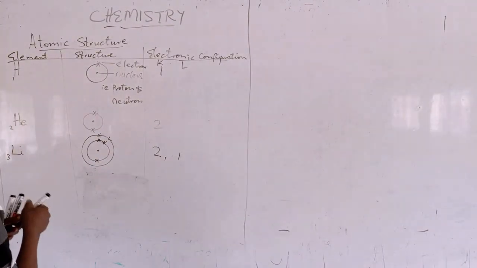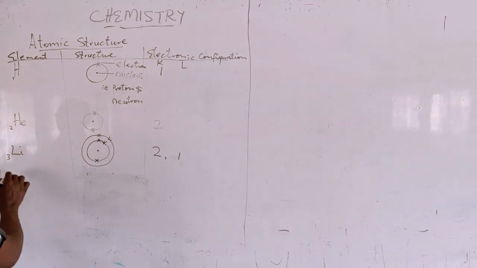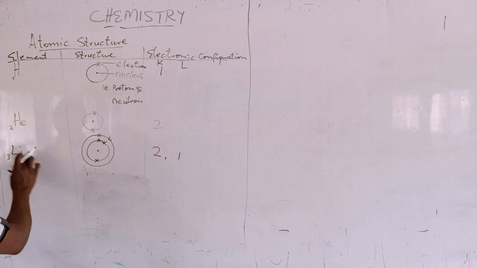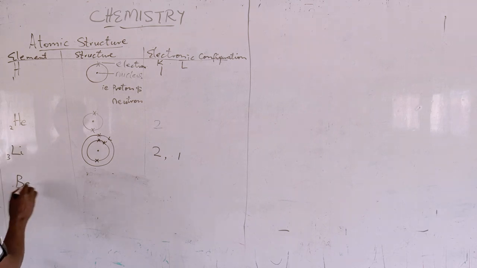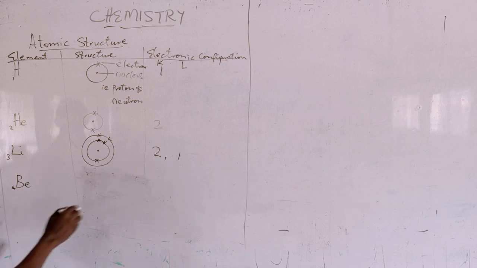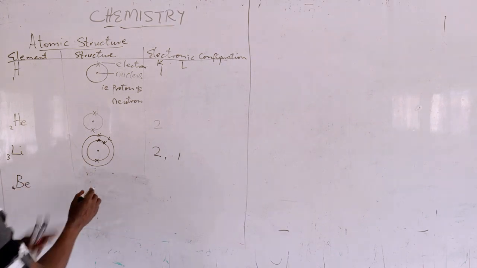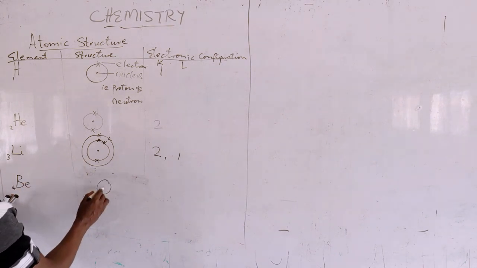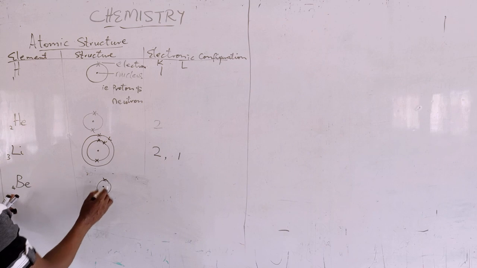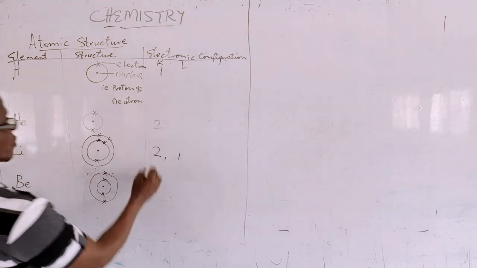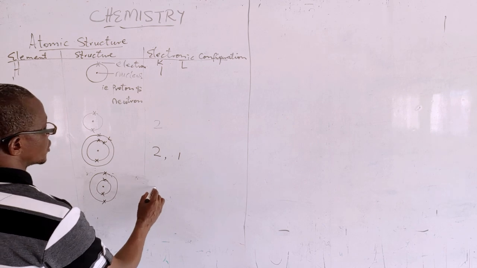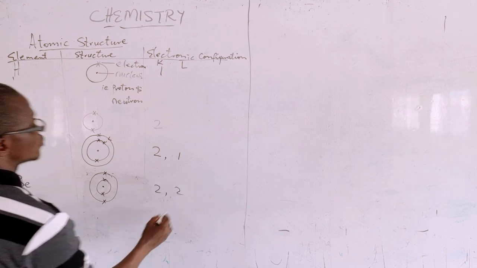Elements with atomic number 4: hydrogen, helium, beryllium. Beryllium is Be, atomic number 4. The first shell will carry 2. The second shell will carry the remaining 2. And then you will now have electronic configuration 2 and 2.